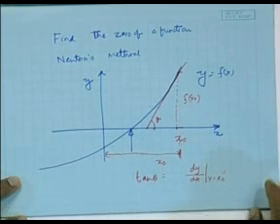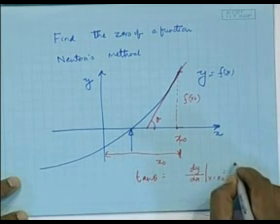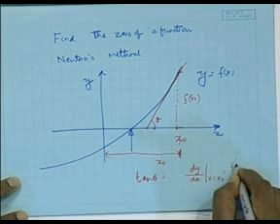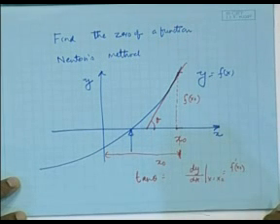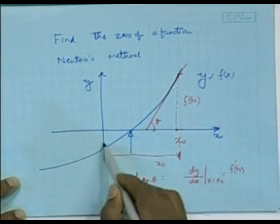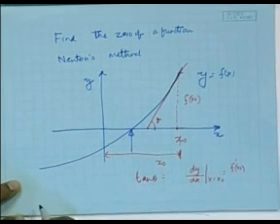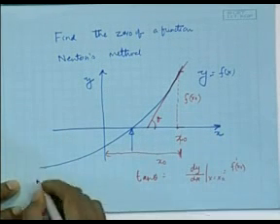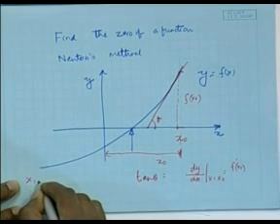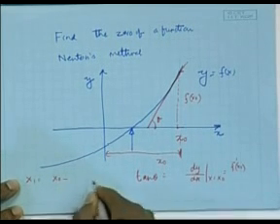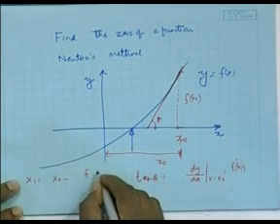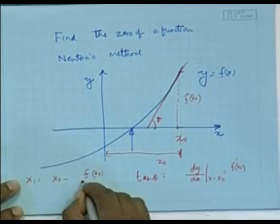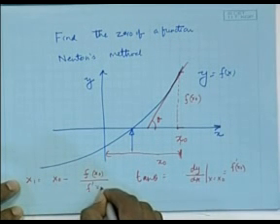This is called the slope of the curve, which you can write as f dash x naught. So my next guess is x1 equal to x naught minus f of x naught divided by f dash x naught.